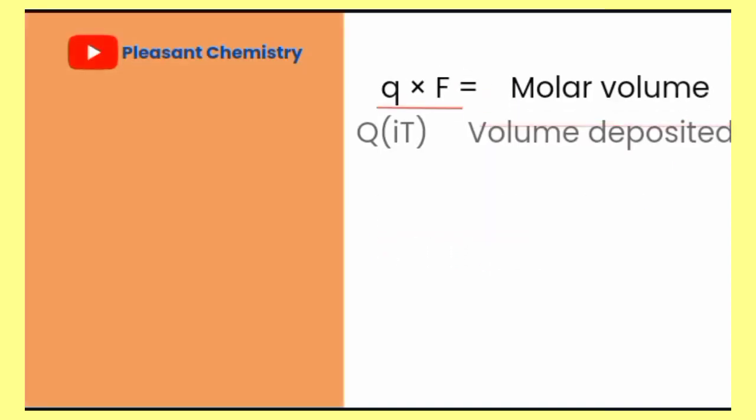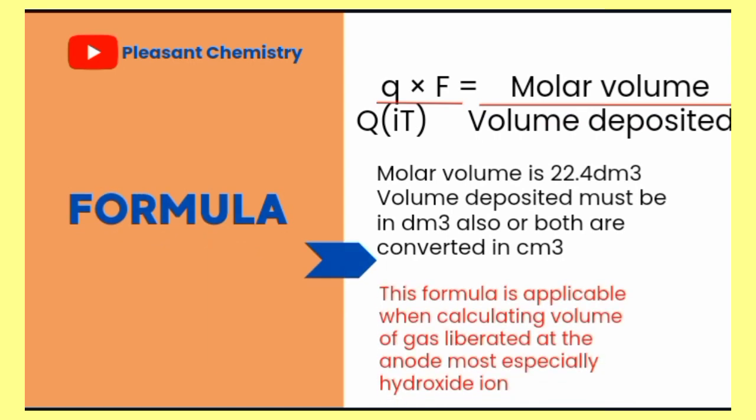Now when we are dealing with gas, we can make use of this one. Instead of molar mass, we change it to molar volume, and instead of mass deposited, we make use of volume deposited. So molar volume is a constant value, and the value is 22.4 dm cube.